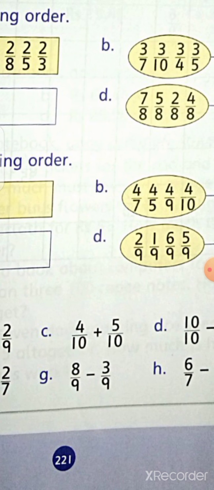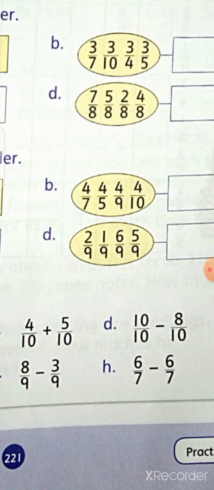B part. 4 over 7, 4 over 5, 4 over 9, 4 over 10. These are unlike fractions. Only numerators are same, but denominators are different. It means all things are divided into different parts. So descending order. What is the greatest?